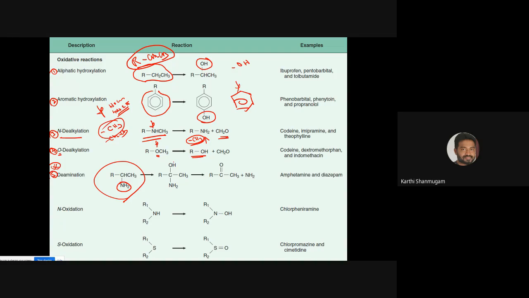After the first step, you can see the OH group. In the second step, we still have the amino group, but then the NH2 group is removed from this molecule. So this molecule is now more polar compared to the parent compound, and the reaction that leads to the conversion of non-polar into polar is the deamination reaction.